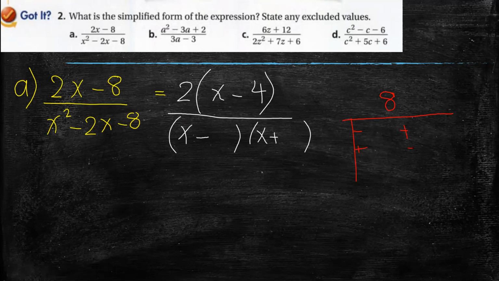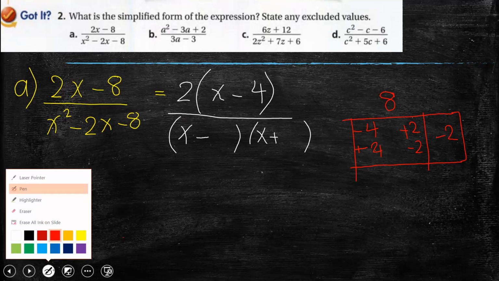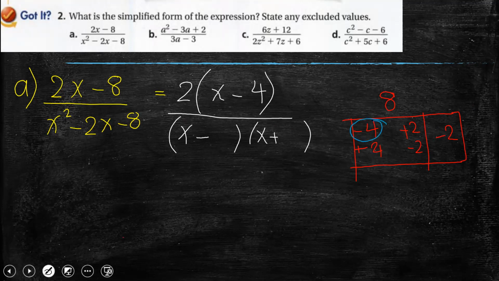When you add them, you get minus 2. Now what are the factors of 8? 4 and 2. Let's try. Negative 4 plus 2 is negative 2. Yes. So let's take negative 4 and positive 2.